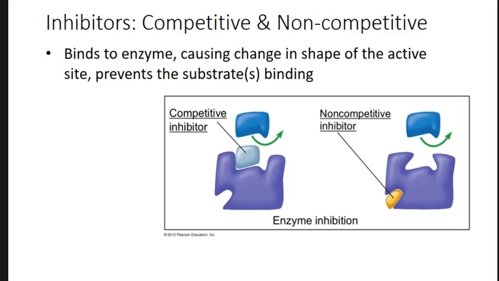Remember when I made you do all that protein folding online, and you shift it just a little bit, and all of a sudden all these side chains clash, and it can change the shape of the active site, so that this slightly folded differently active site no longer accepts the substrate. The substrate shape hasn't changed, but the active site got narrower, and so it won't fit in anymore, just because of this non-competitive inhibitor.